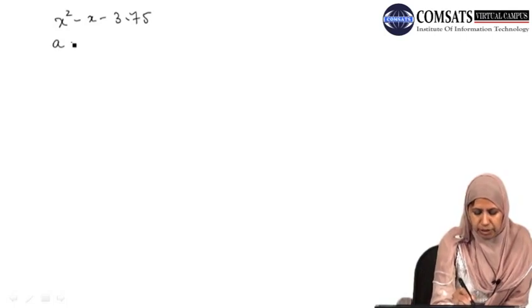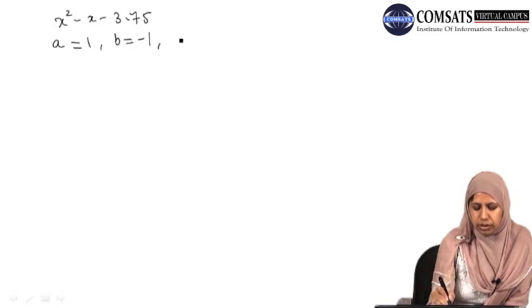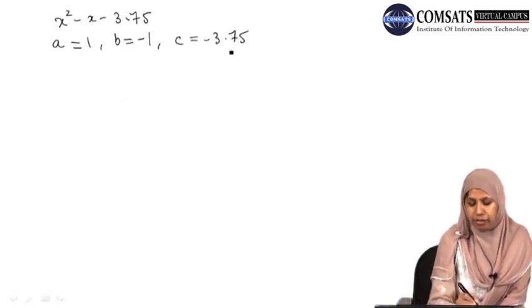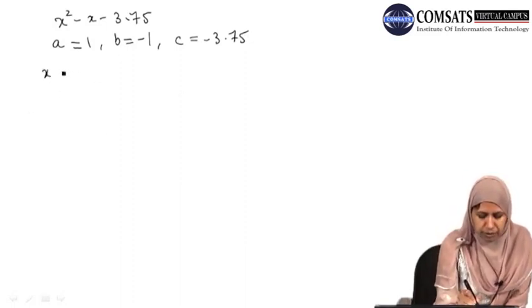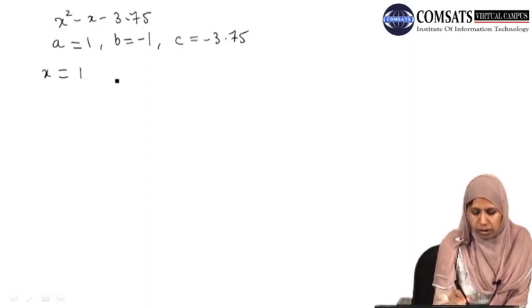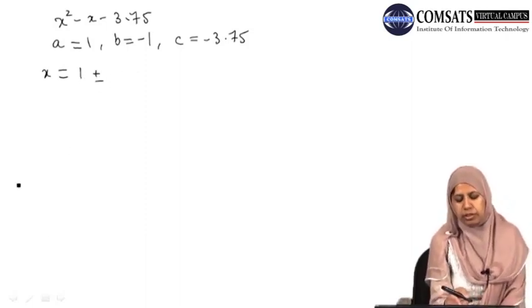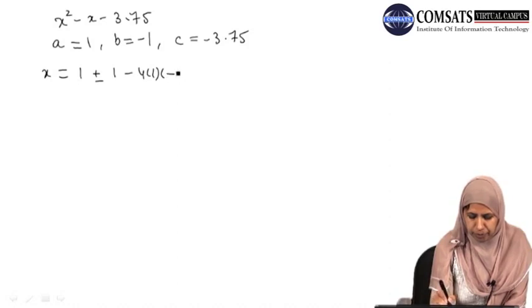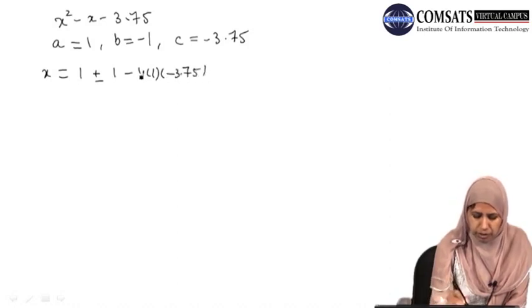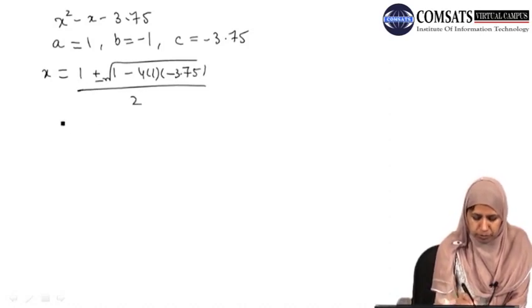Identifying a, b, c, we have a is equal to 1, b is equal to minus 1, c is equal to minus 3.75, and now putting the values in our formula, we have x is equal to 1, minus will cancel out, plus minus square root of b squared, which is 1, minus 4ac, divided by 2 times a.